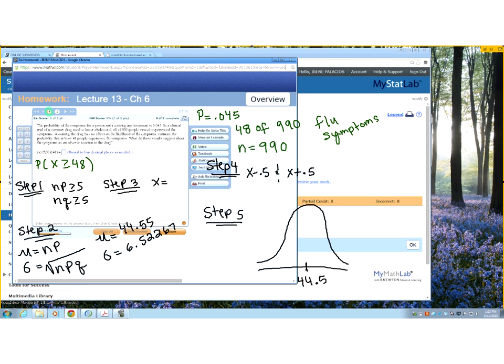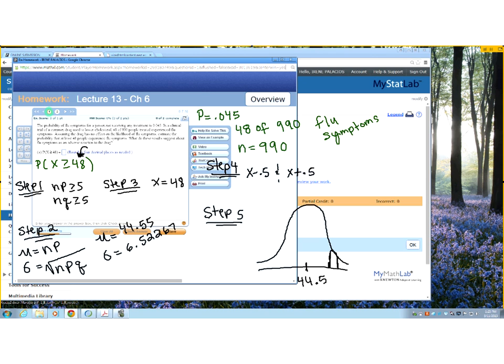So at least 48. So that's where you start. You start at 48. Now that's also right here in the question. Okay, so that's your starting point. So 48 is to the right of 44.5. 44.5 happens to be the mean, so I put it in the middle.